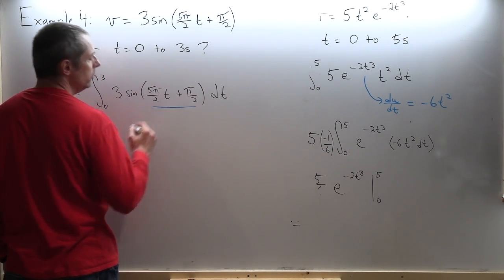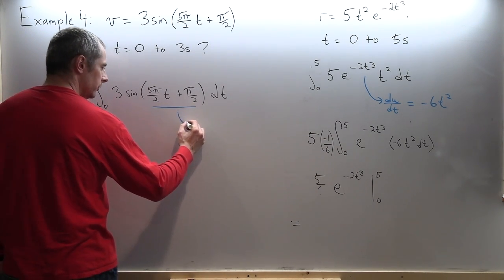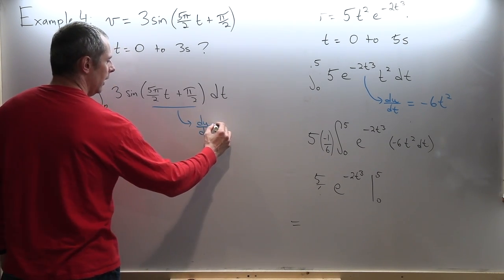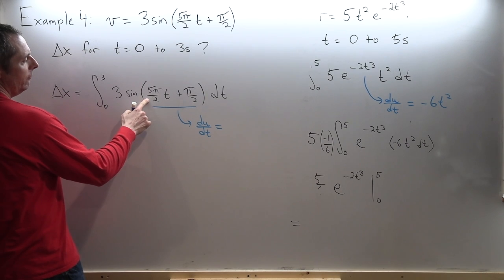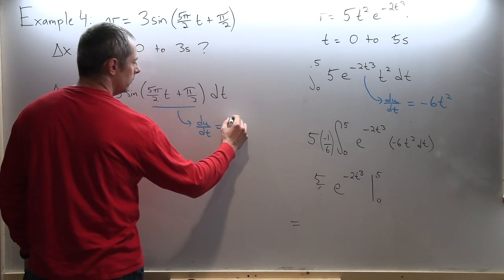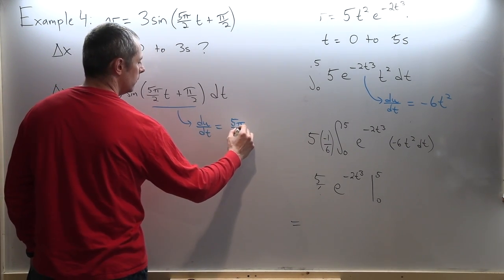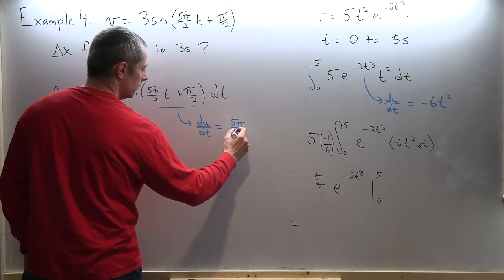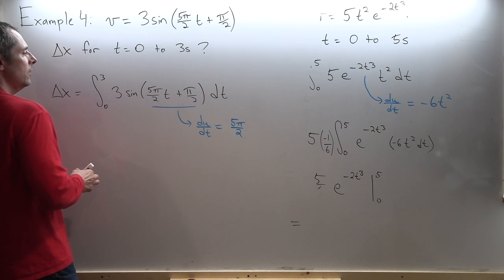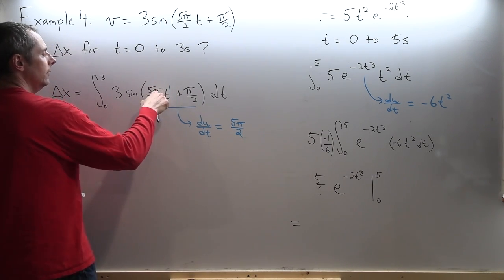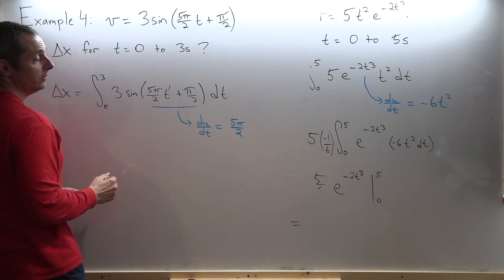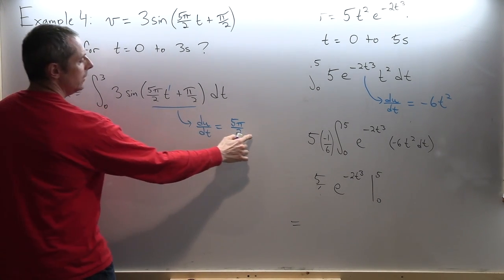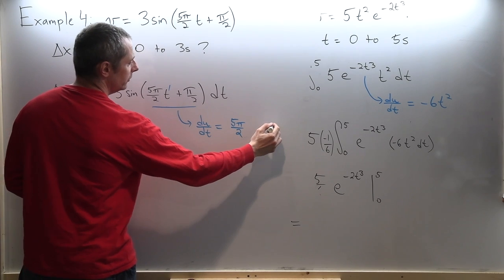So this is like u, and I could do a u substitution, and then when I take the derivative of u with respect to time, I've got 5 pi over 2 times the 1, and then t to the 0. So times 1 t to the 0, it's just 5 pi over 2, plus the derivative of pi over 2 plus 0.